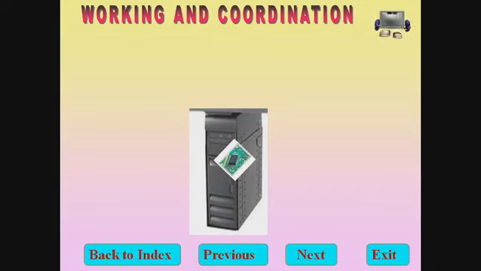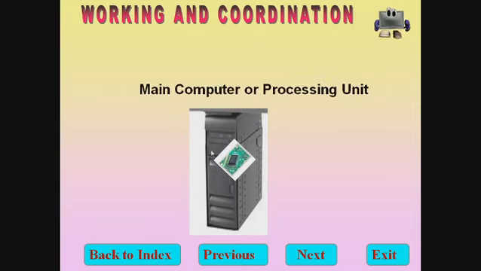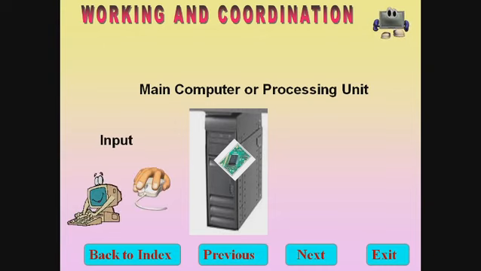It resides inside your CPU cabinet actually, the black box in which all the machinery is assembled. First input takes place. We input data or instructions with the help of our input devices, like here you can see keyboard and mouse.